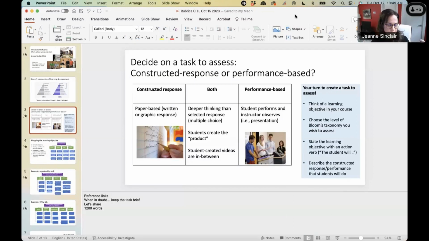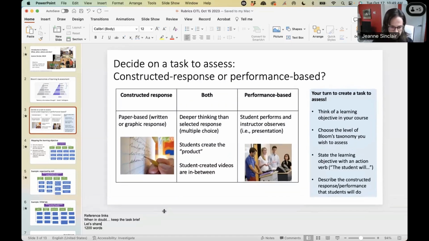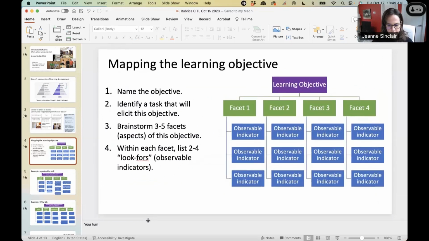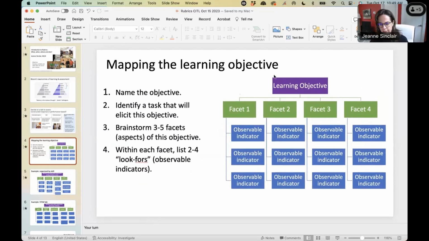They know they have to squeeze a lot into the 1,200 words, and so I don't get dribble drabble, right? Students learn to write concisely, which for me is such an important skill. So you do not need to have these enormous assignments to successfully assess the objectives.